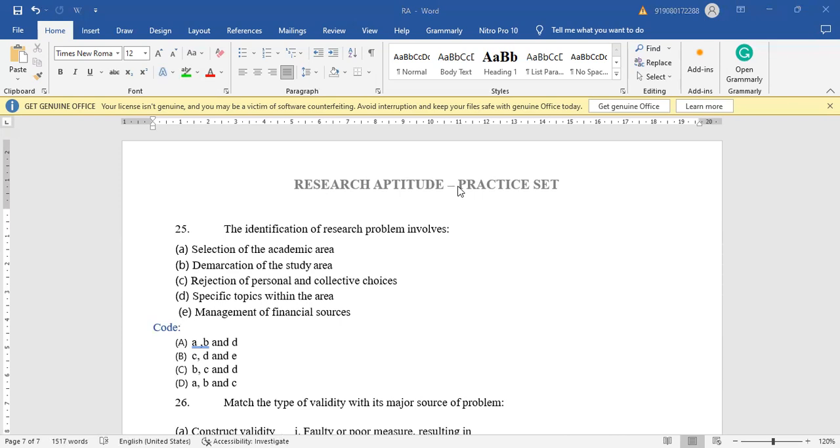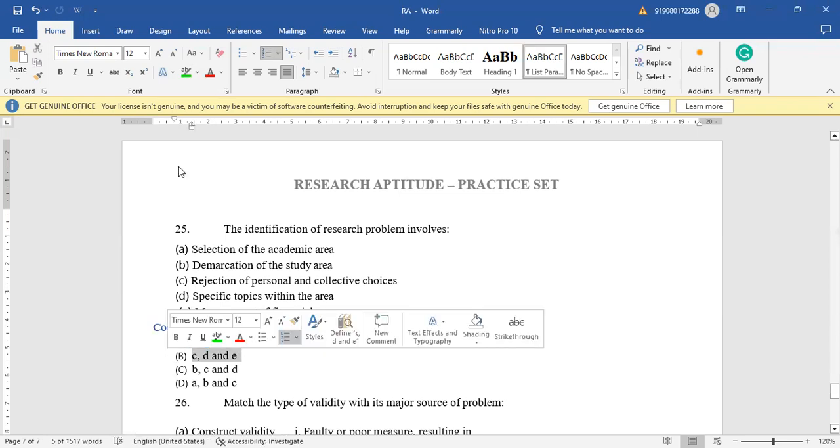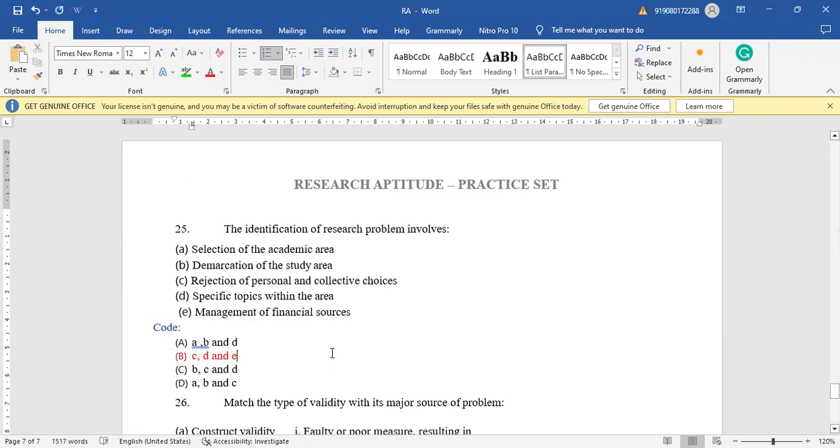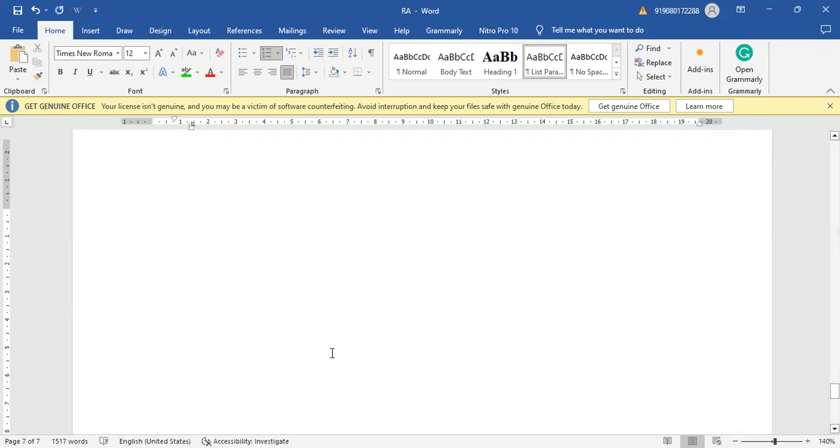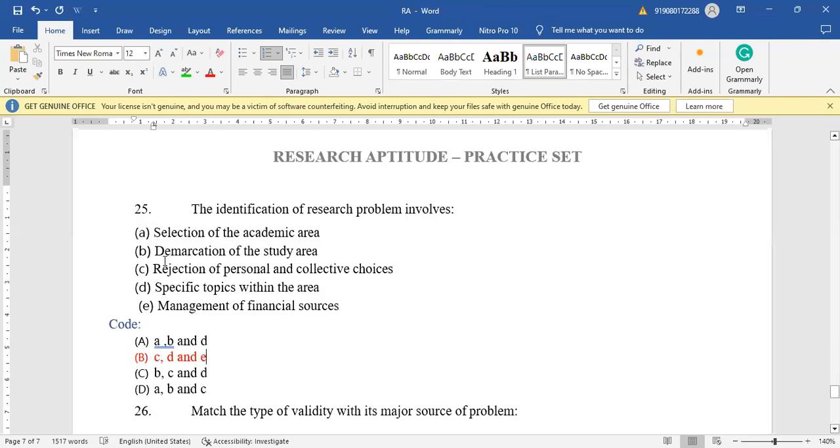Yes, we will take it. Wherever B doesn't come, that becomes a wrong option. Now B comes in every option. B is right. So D, okay, I'll check D.